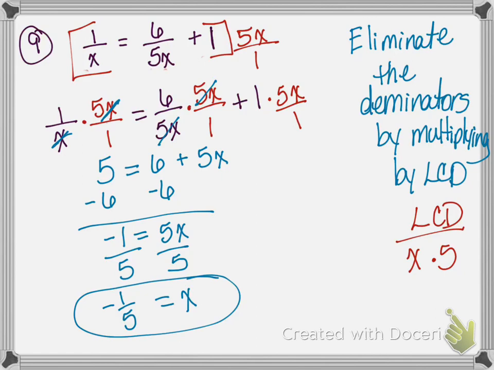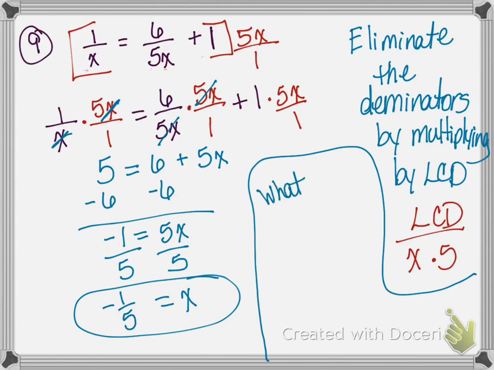Okay, in this situation, and we didn't do this, and I should have. In this situation right here, what values can x not be? What value of x makes the denominator 0?